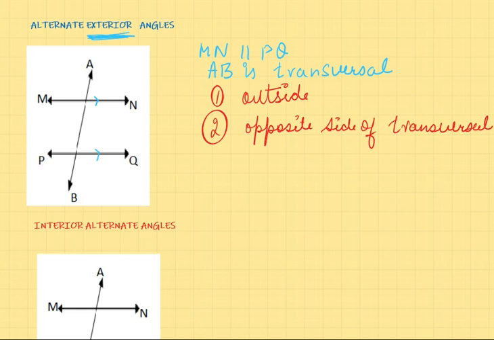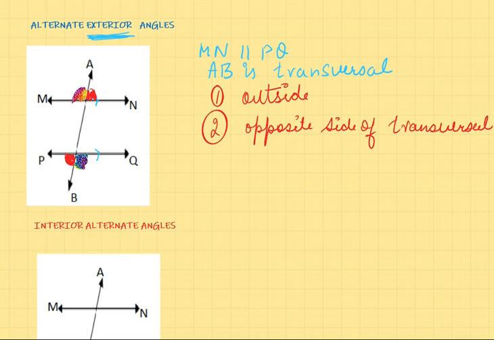AB बाहर है, पहले बाहर वाला एक एंगल मार्क कीजिए and see exactly on the opposite side of it. So this is the exterior angle. Similarly, there is second exterior angle and we can mark on the opposite sides.